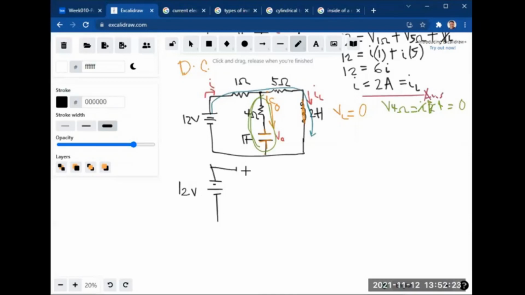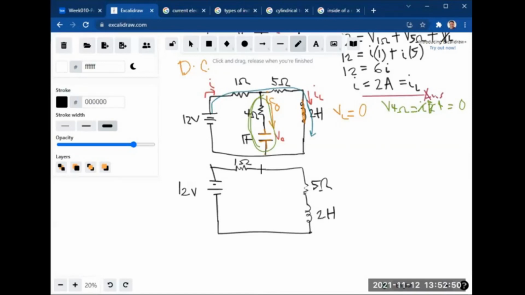So again, this is the 1 ohm resistor. This will be the 5 ohm resistor, this will be the inductor. Okay, 1 ohm, 5 ohms, the 2 Henry inductor.